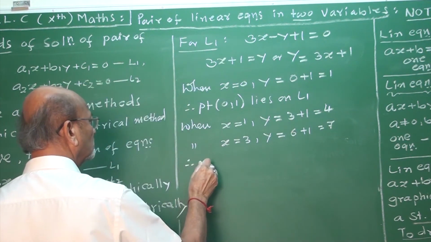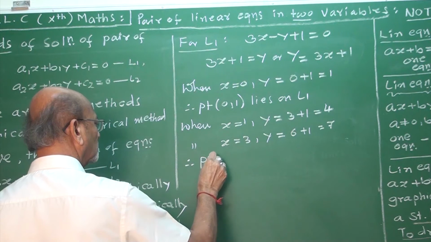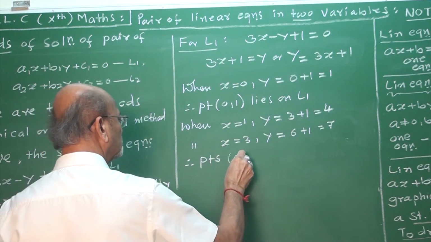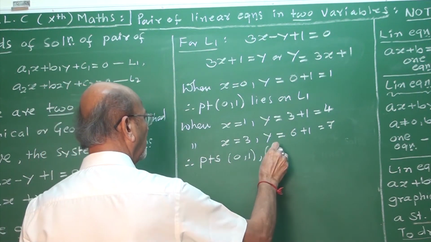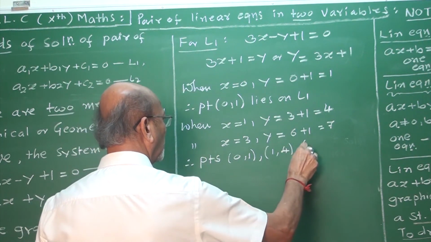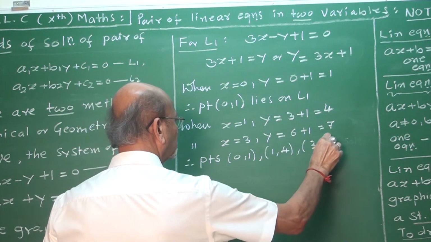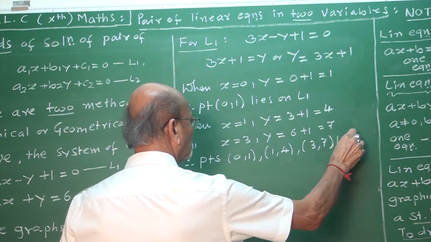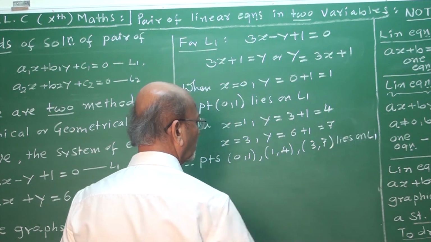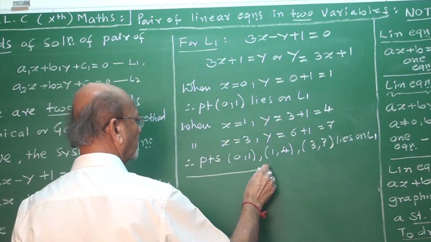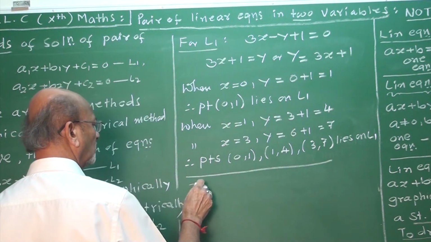Therefore, my friends, the points (0, 1), (1, 4) and (2, 7) lie on L1. They are the solutions.